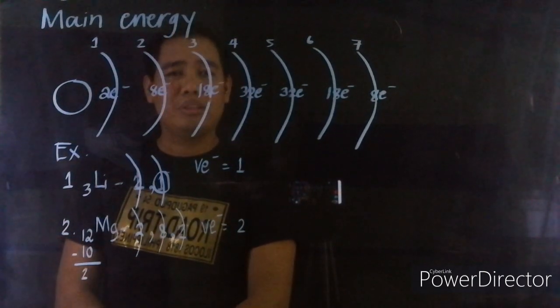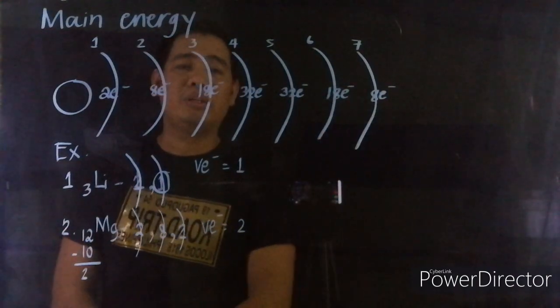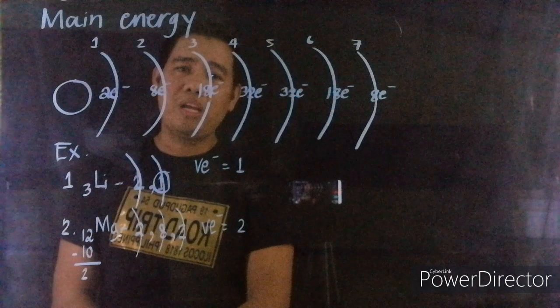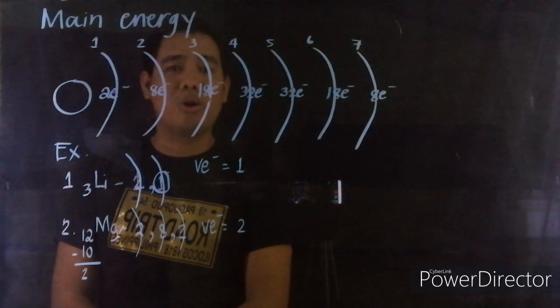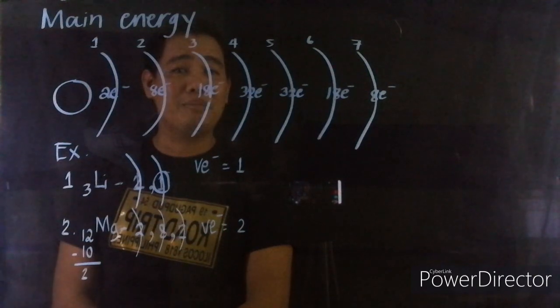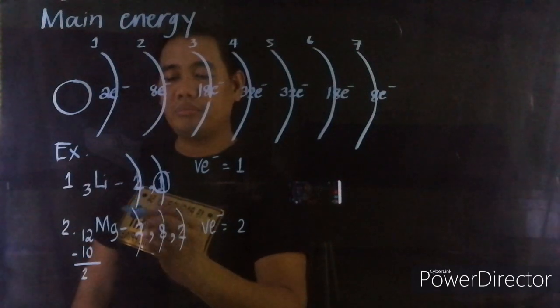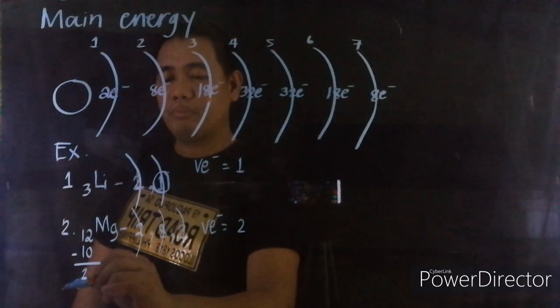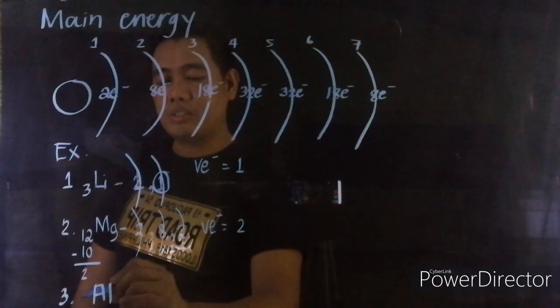What about the elements at the right side of the periodic table? So this main energy level method is very useful only for representative elements, okay, or the group A elements. So let us have aluminum. So aluminum is 13.